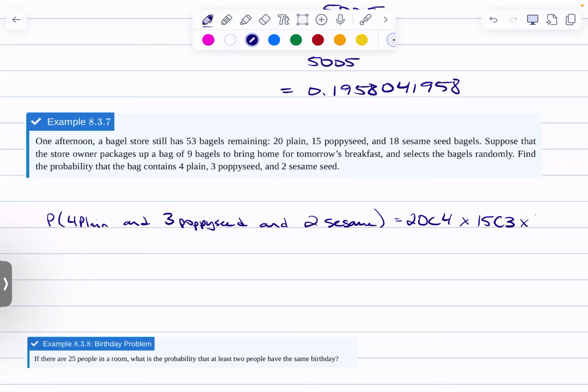And from the 18 sesame, I choose 2. Divided by, I have a total of 53 bagels, and I'm choosing 9. 4 plus 3 plus 2 is 9.